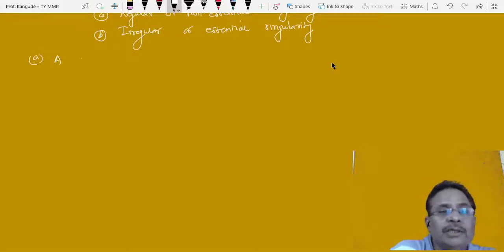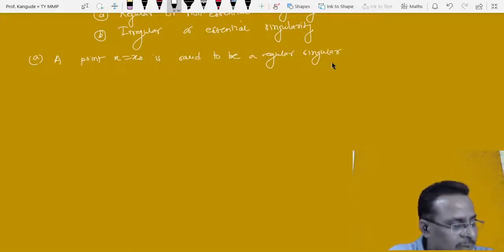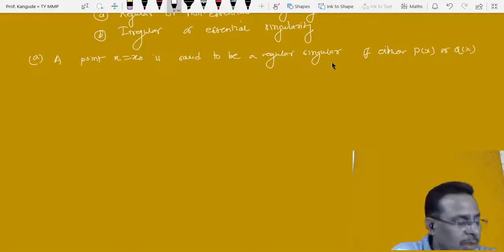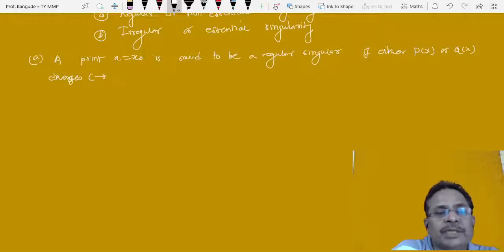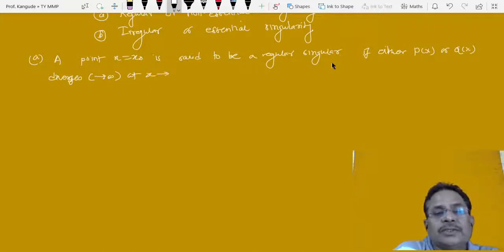A point x is equal to x0 is said to be a regular singular point if either p of x or q of x diverges, means becomes infinity or tends to infinity, as x tends to x0.